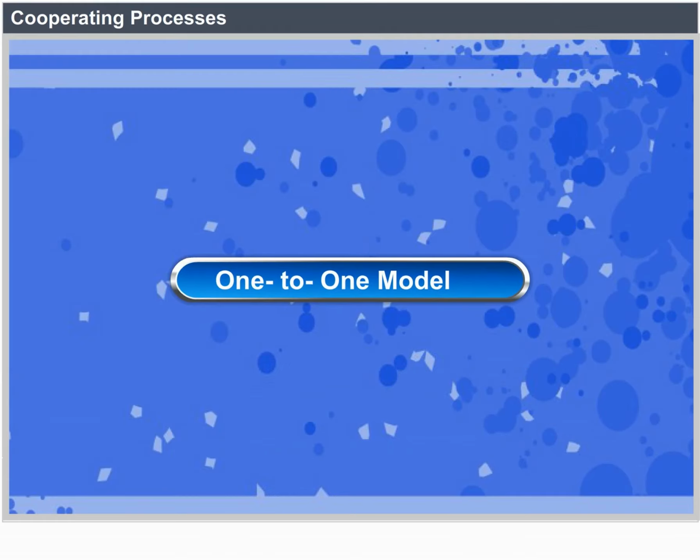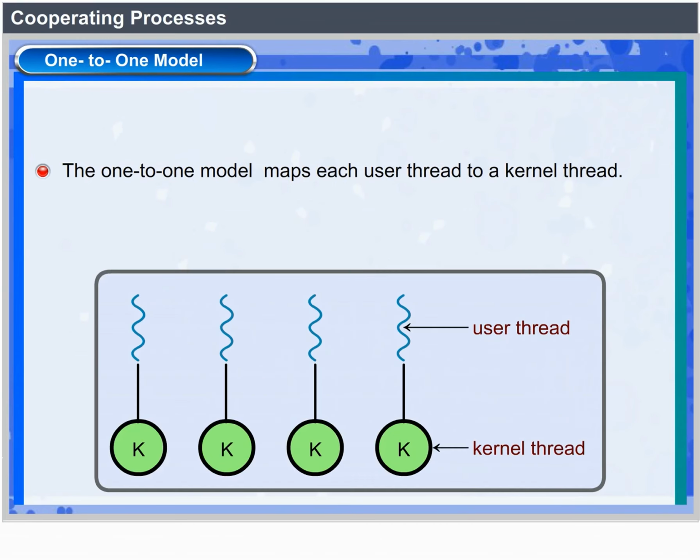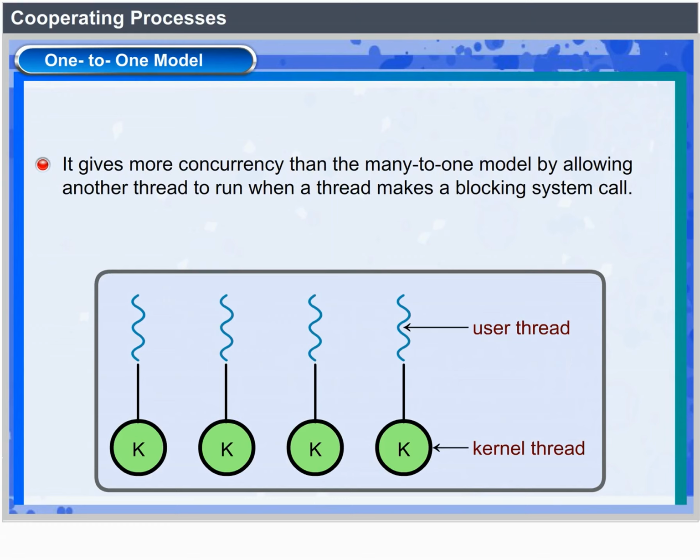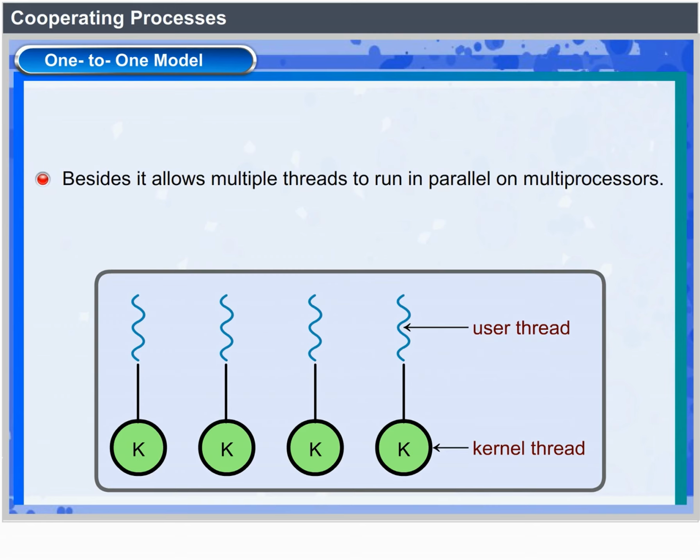One-to-one model. The one-to-one model maps each user thread to a kernel thread. It provides more concurrency than the many-to-one model by allowing another thread to run when a thread makes a blocking system call. It also allows multiple threads to run in parallel on multiprocessors.